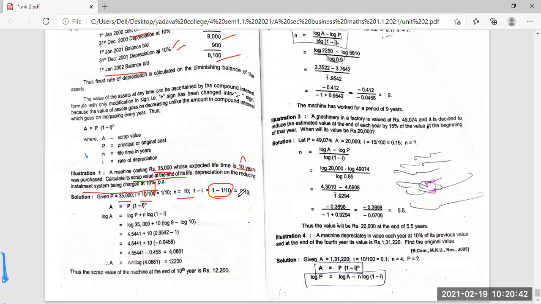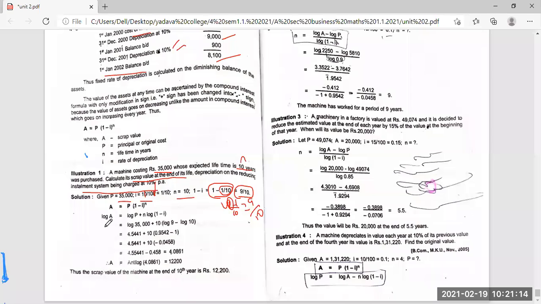So when we consider it, we get 9 by 10. Taking base 10, 10 minus 1, you will be getting 9 divided by 10. Okay, A is equal to P into 1 minus I, the whole power of n.